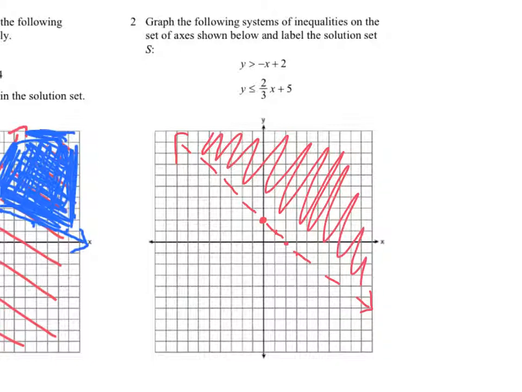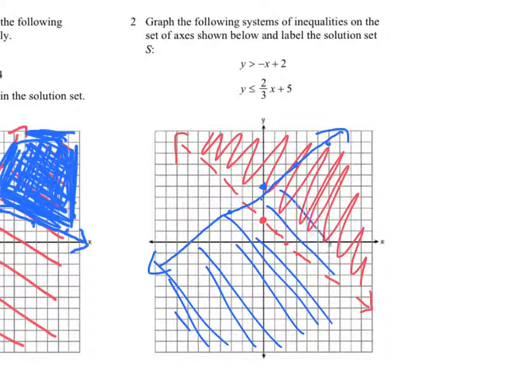Then I take my other color, and I'll do y is less than or equal to 2/3 x plus 5, and I will draw it's less than or equal to, so I'll draw a solid line across. Not a very straight line, but that's okay. Less than or equal to is below here.